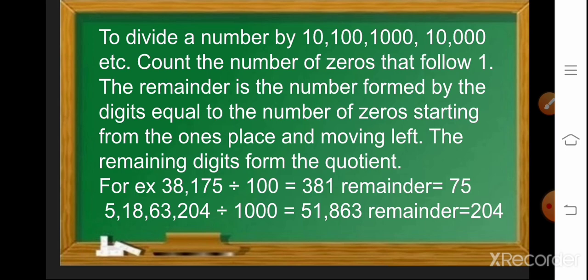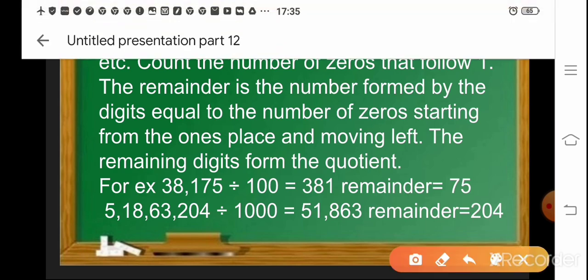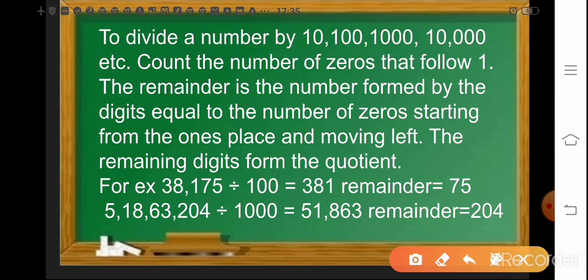Now see here in this example, 38,175 divided by 100. The last two digits, equal to the two zeros, will be your remainder, that is 75. The other three numbers, that is 381, will be your quotient.